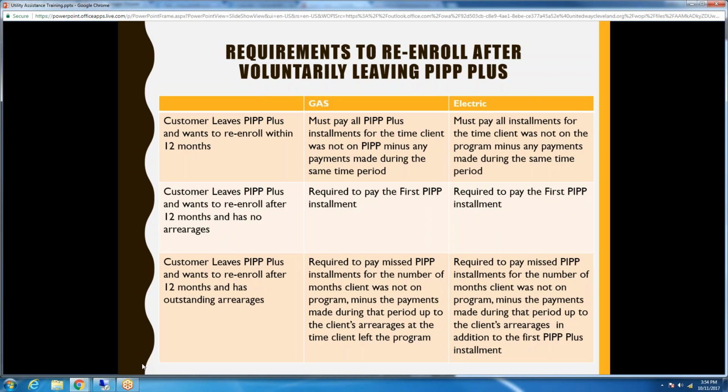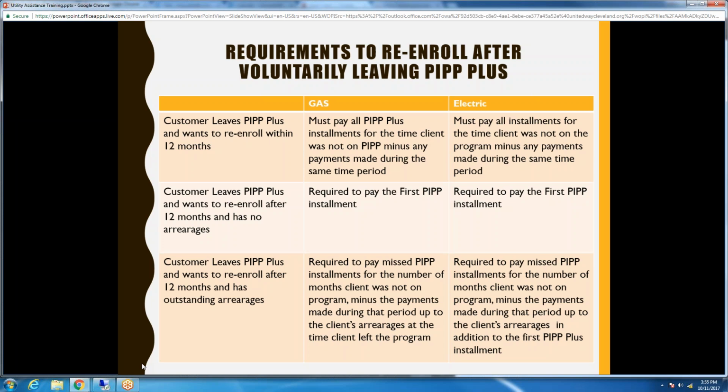So what I suggest is letting callers know that they should make an appointment with Community Action and let those experts at Community Action give the information on exactly what they need to re-enroll in PIP, instead of us trying to remember how this is done, because it's too complicated.